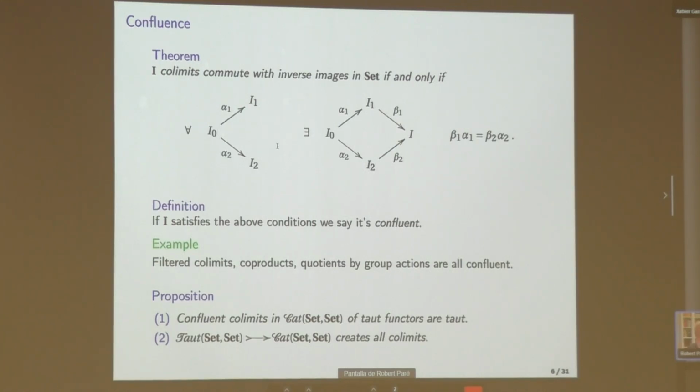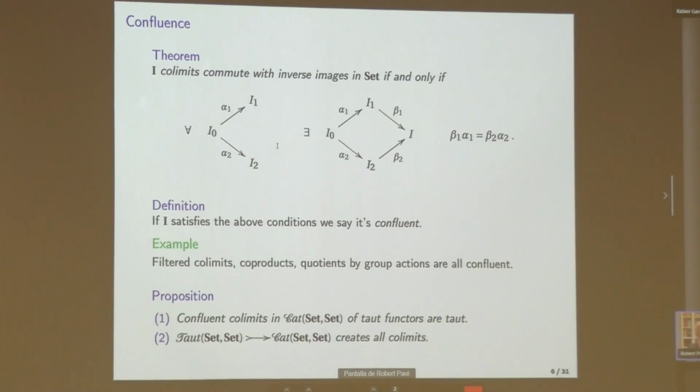So for example, filtered colimits, as I just mentioned, and coproducts, of course, are confluent, but also important for us are quotients by group actions, or a colimit over a groupoid. All of these are easily seen to be confluent.